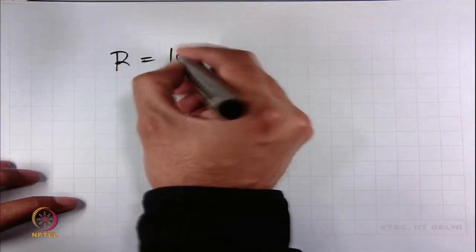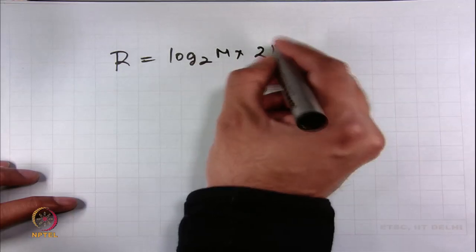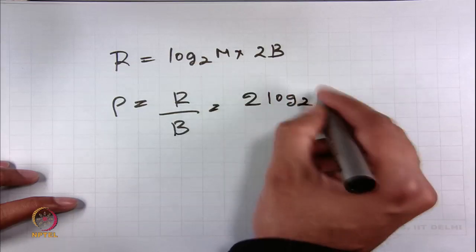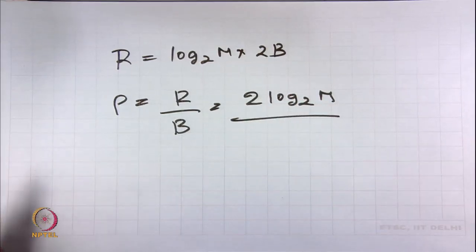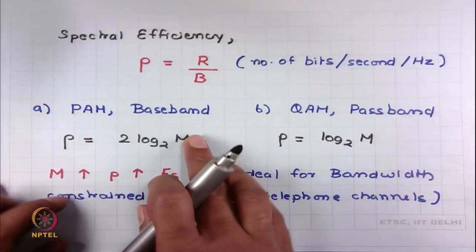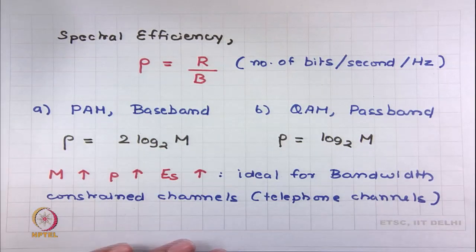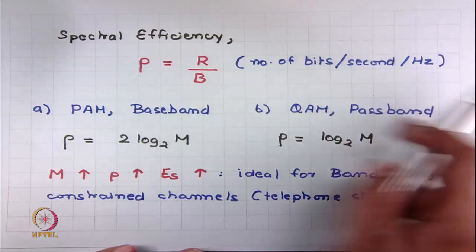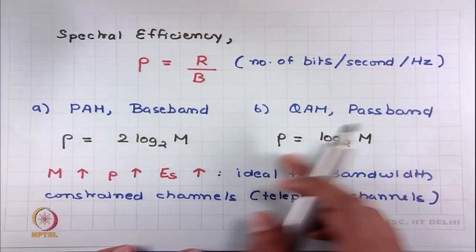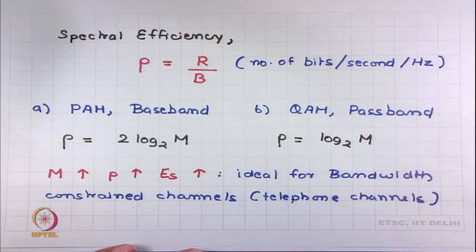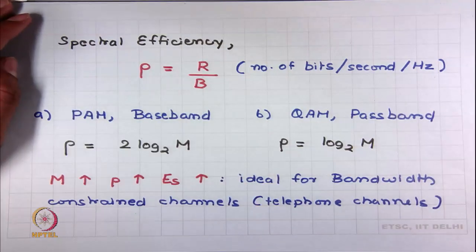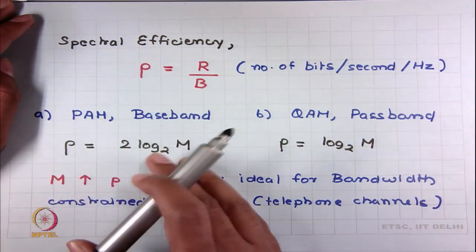So, once I have bit rate log 2 M times 2B, the spectral efficiency is R by B. So, the spectral efficiency would be 2 times log 2 M. So, this is the spectral efficiency of a baseband PAM, 2 times log 2 M. Similarly, for passband QAM, you can have the spectral efficiency of log 2 M. Of course, for passband PAM, the spectral efficiency would reduce by a factor of 2.